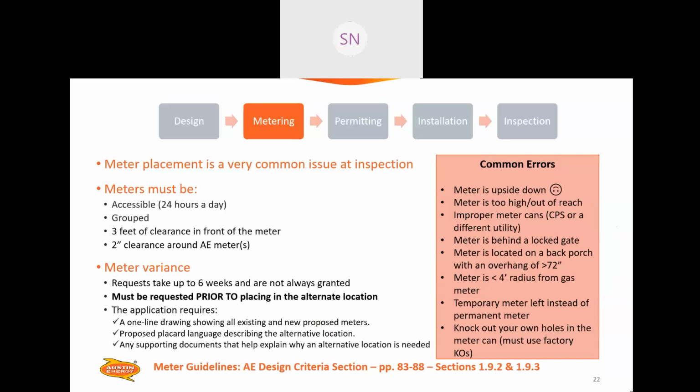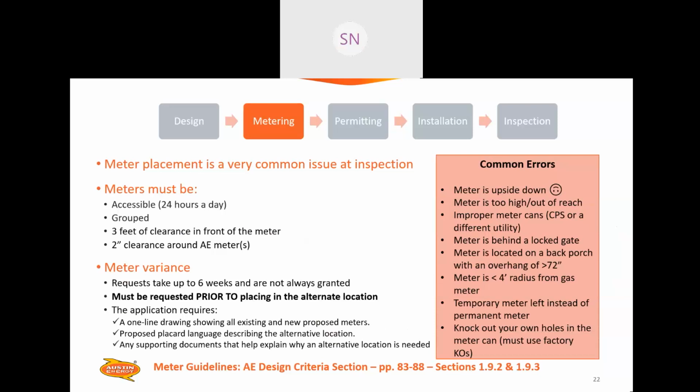It needs to be more than, so I'm realizing that a lot of my little carrots, my greater than or less than carrots, are incorrect in this presentation. But anyway, it needs to be more than a 4-foot radius from the gas meter, not less than. Sometimes people leave a temporary meter instead of a permanent meter.